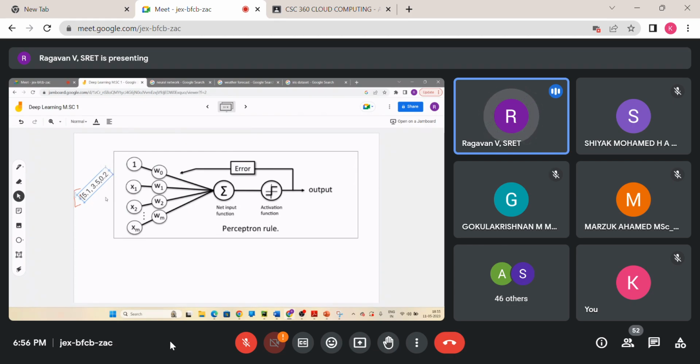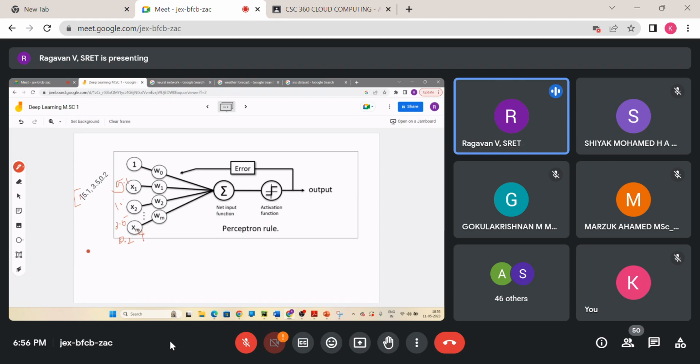These four values I pass into my x1 to x4.